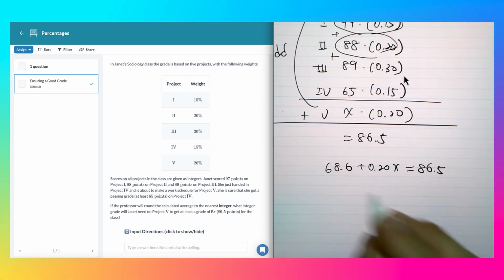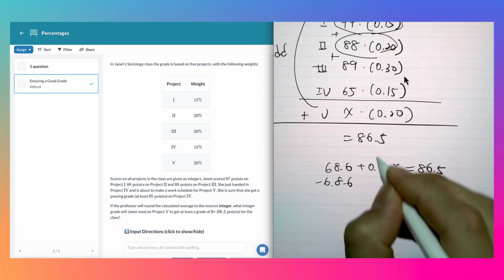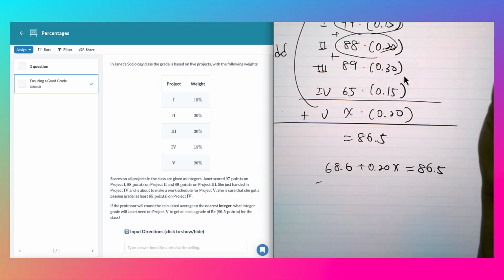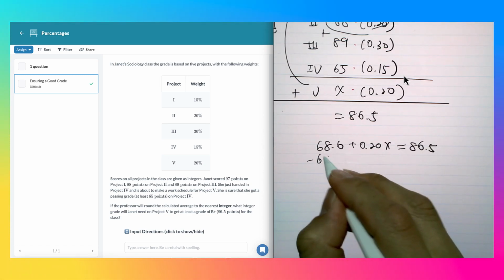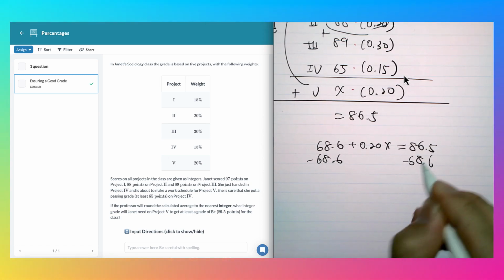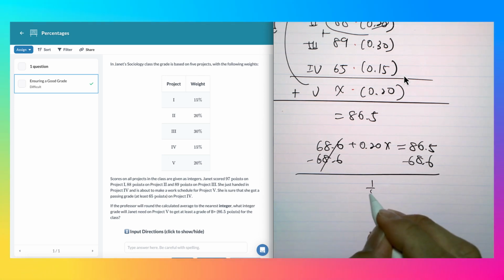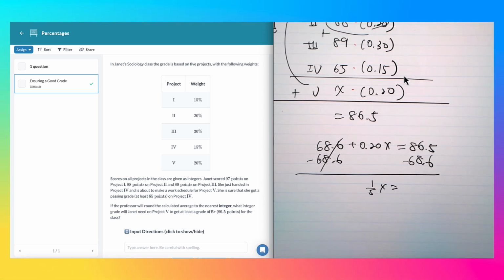Alright, so we just need to subtract the like terms on both sides. That's 68.6. You get 1 over 5 x, equals 86.5 subtracting 68.6.